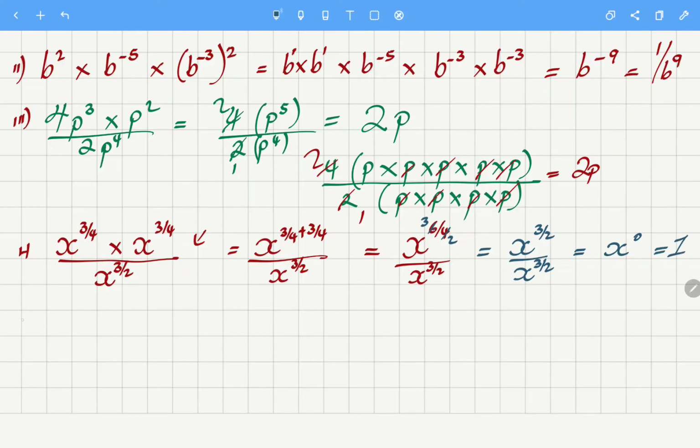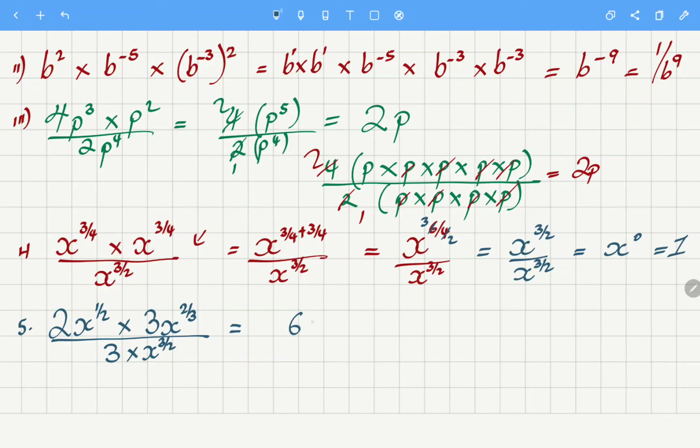And then a final example. I'm going to use fractions again, but I have coefficients as well. So 2 is my coefficient, then x to the power a half times 3x to the power 2/3, all divided by 3 times x to the power 3 over 2.